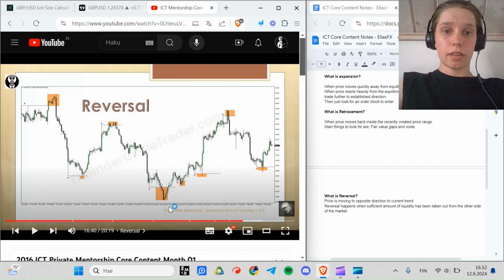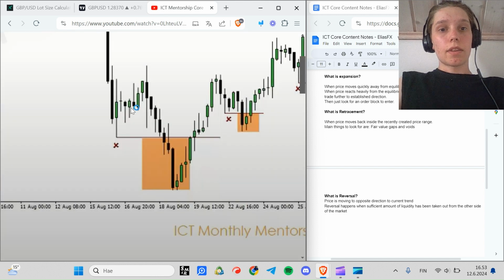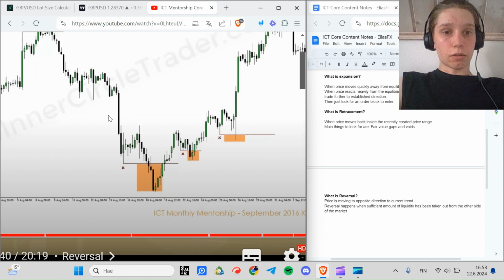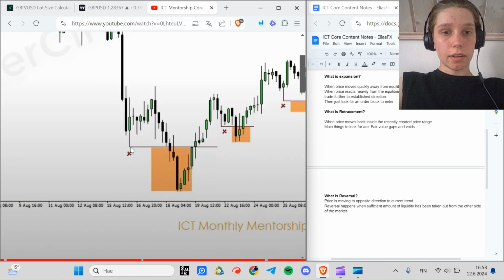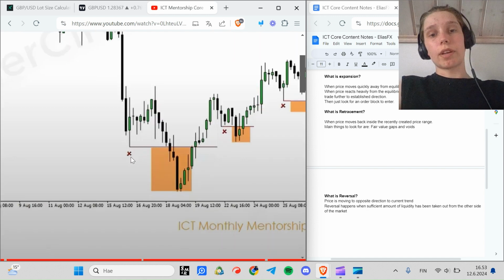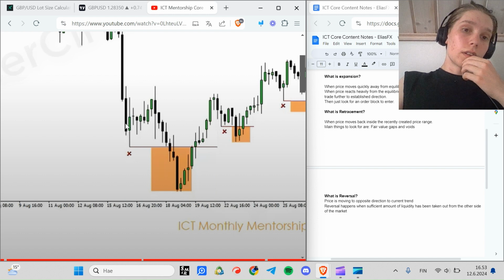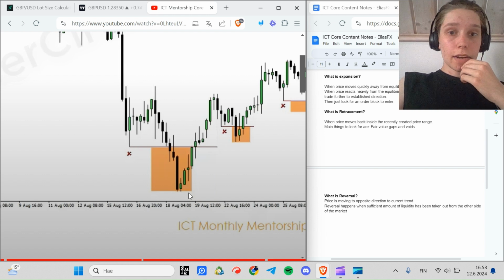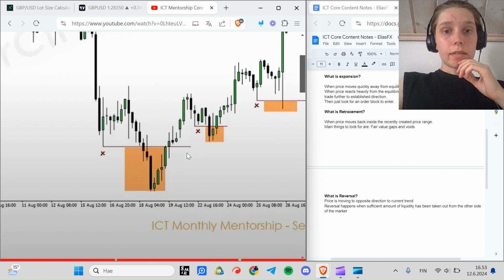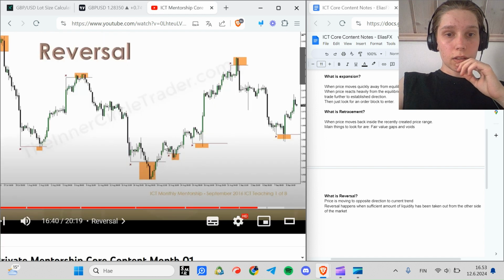First of all, let's say in here, you can see that we have trended heavily to the downside. Then here, with that red X, is a liquidity pool. Market steps that out, and then it moves heavily to the upside.